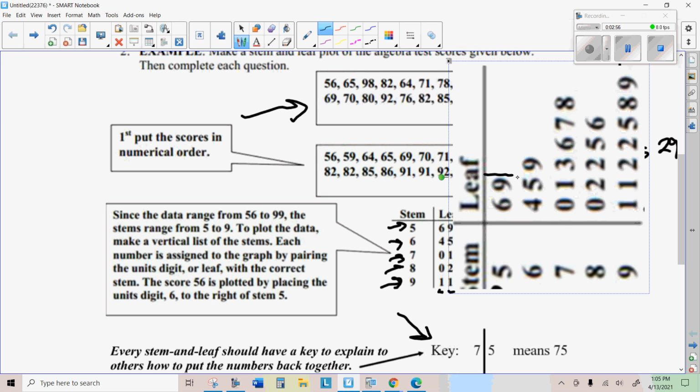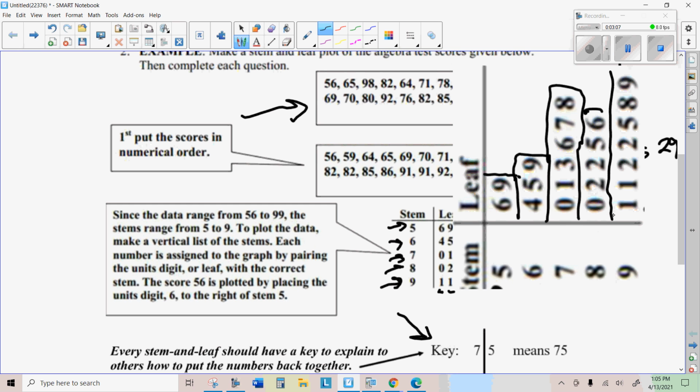It tells you that there's two numbers in the 50s, three numbers in the 60s, and so on. When you make these, you want to make sure that you have your numbers exactly underneath each other in a perfect column. That way, it's a lot more useful.